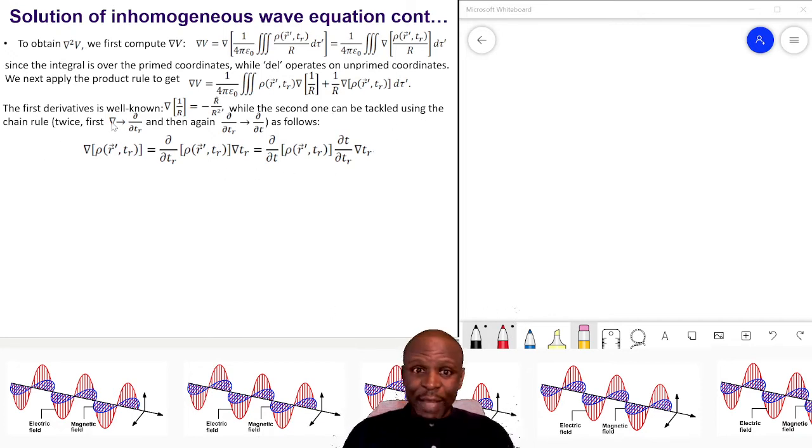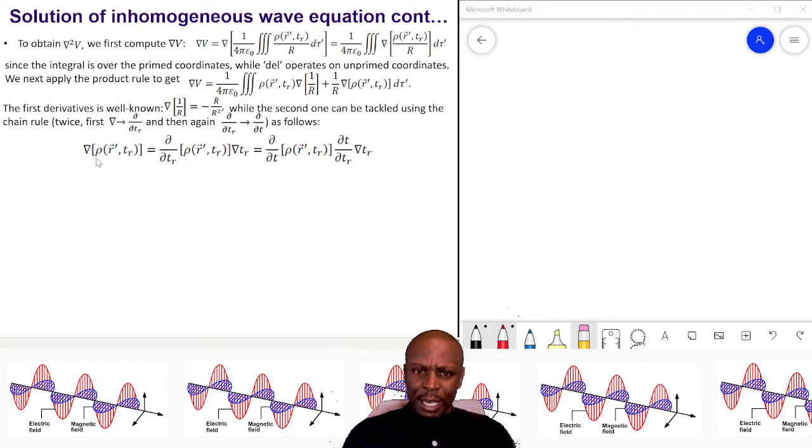Whenever I see the del, I'm just going to write this, and whenever I see the partial differential with respect to the retarded time, I'm going to write the partial with respect to time, like this.